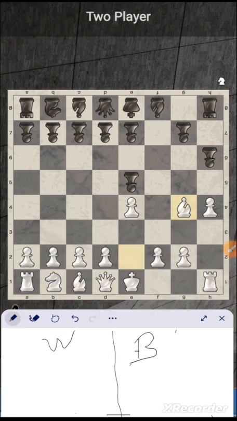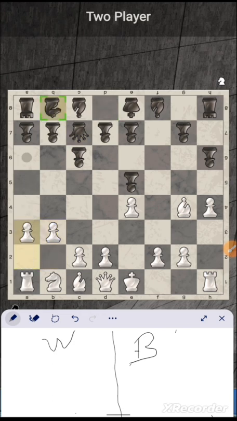Now we will try to see some further scenarios, some further situations which will be unique, and how we can represent them.